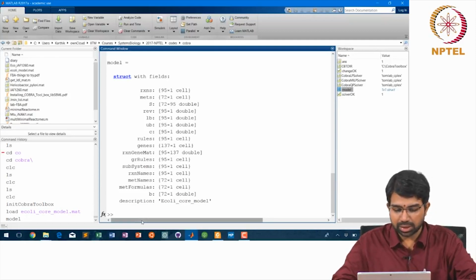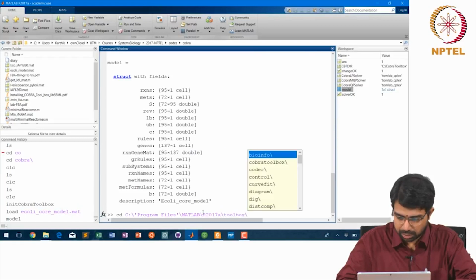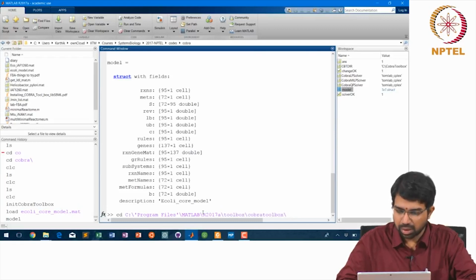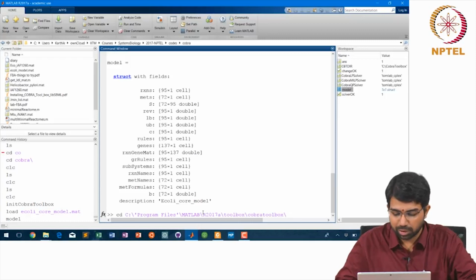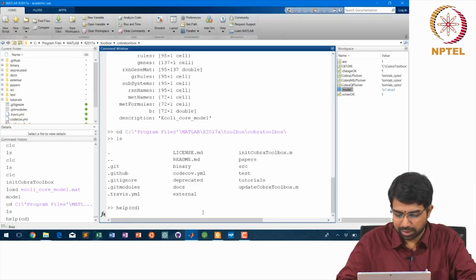Now, you need to understand how the COBRA Toolbox works. So, let us go to the COBRA Toolbox directory. It should be a similar folder for any of you, and as I mentioned a long while ago, help cd is useful, but there are only a few commands here.